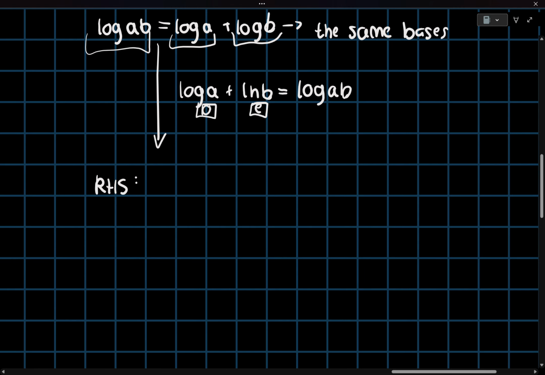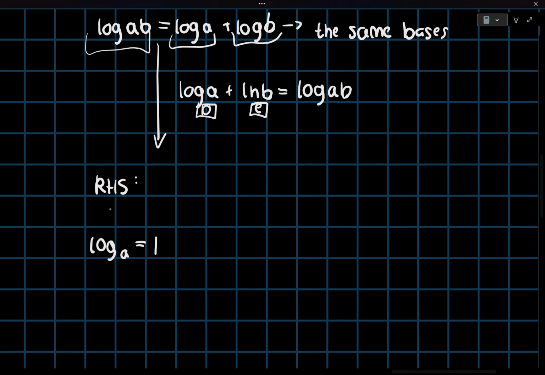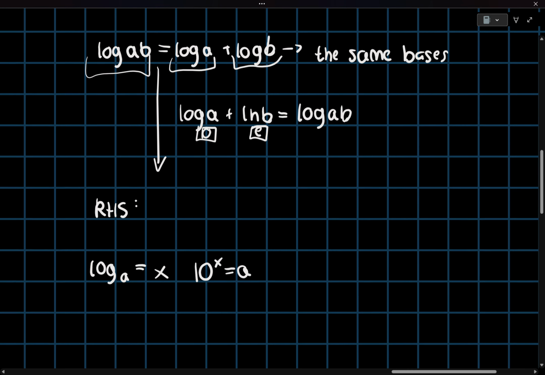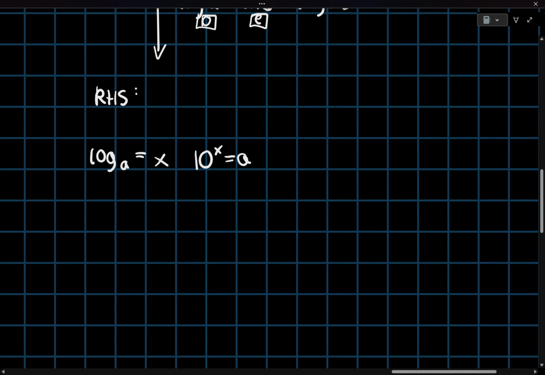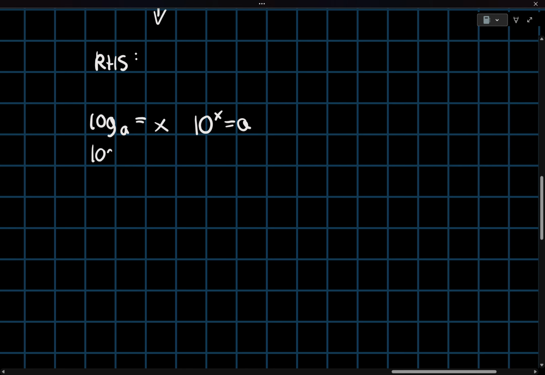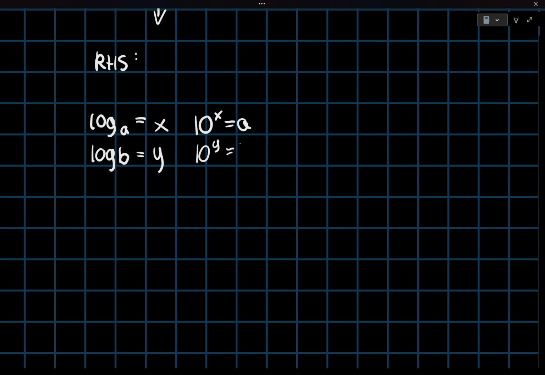So let's say that logarithm a equals x, and 10 to the power of x equals a. Similarly with logarithm of b, equals y, and 10 to the power of y equals b.